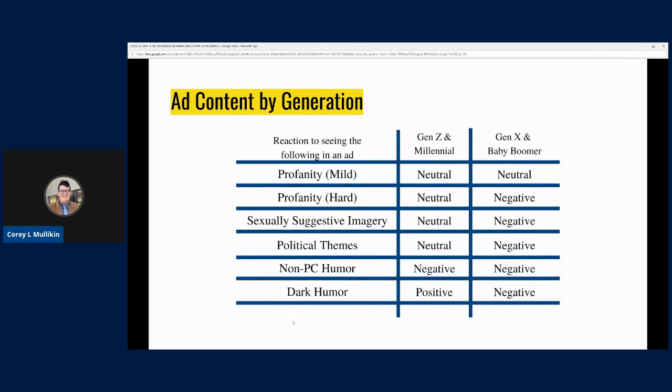So ad content is something else we've seen. If you remember back to the Super Bowl, Carl's Jr. had an ad. It was all about their new all-natural burger. And how do you advertise all-natural? Do you use green imagery and fresh fruits and vegetables?